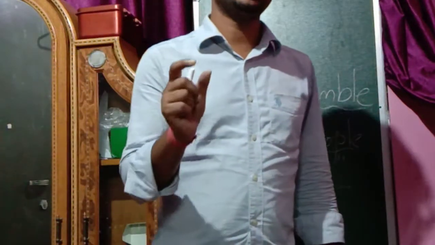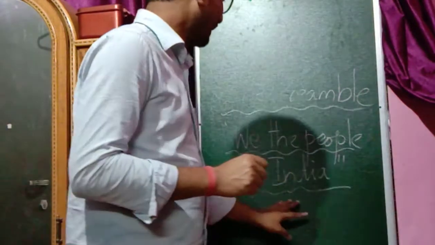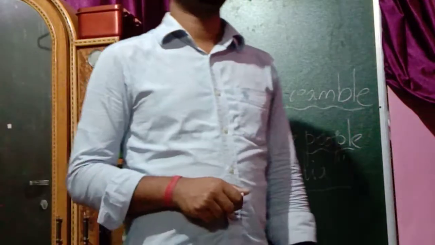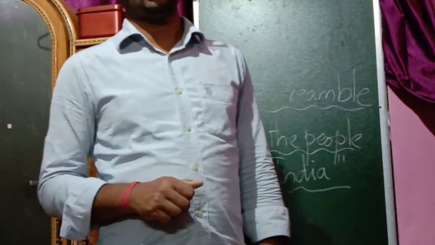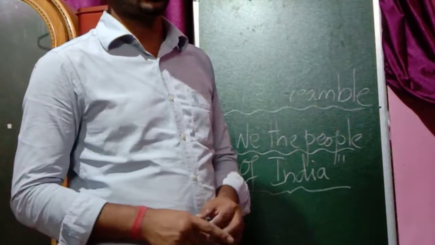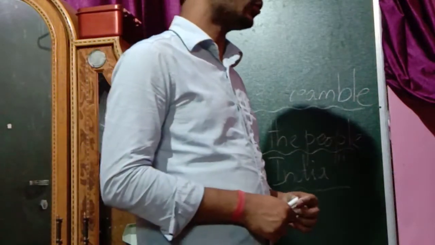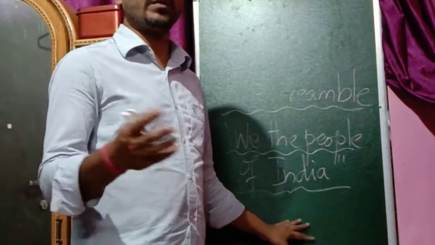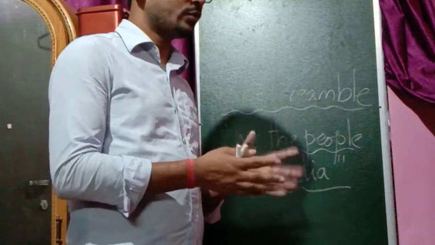So this statement gives the simple meaning about the authority, and for whom the Constitution of India was drafted. The authority of the government is derived from here. Which form of government is to be followed? How is it to be followed?